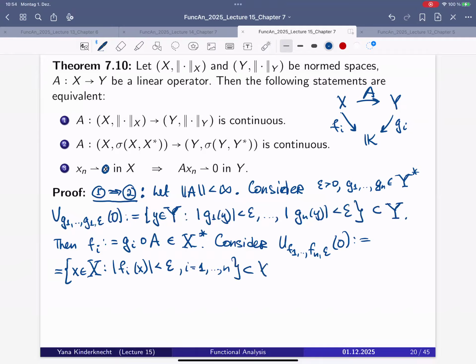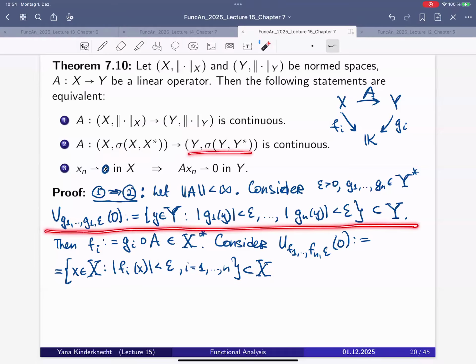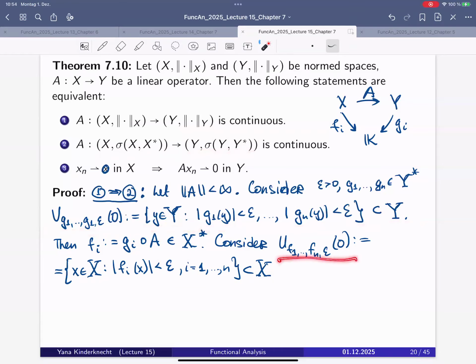So this is a neighborhood of zero in this topology, and this guy is a neighborhood of zero in this topology. And of course, here you see what it means: what is written here is the same as g_i applied to Ax.